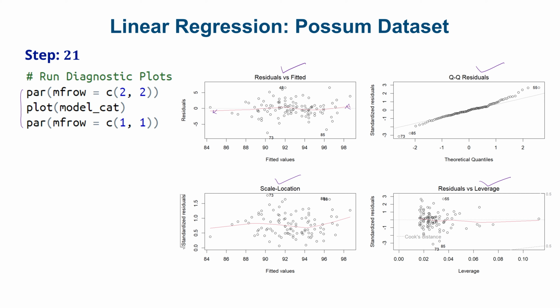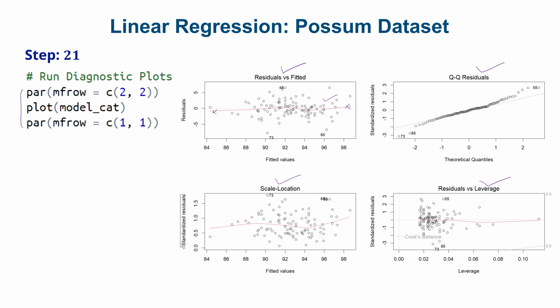Consistent spread of residuals across fitted values suggests homoscedasticity, that is, constant variance. In our model, the absence of visible structure or funnel shapes in the residuals versus fitted plot supports the assumption that both linearity and homoscedasticity are reasonably satisfied.